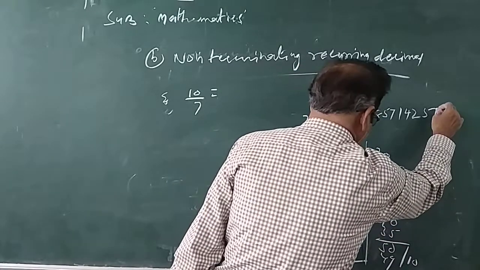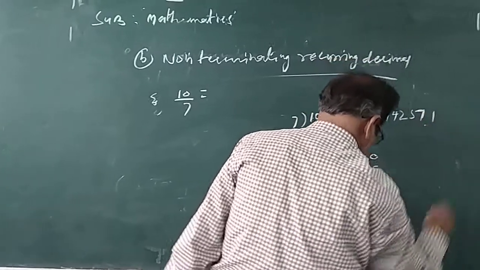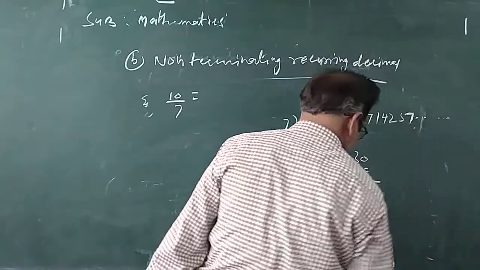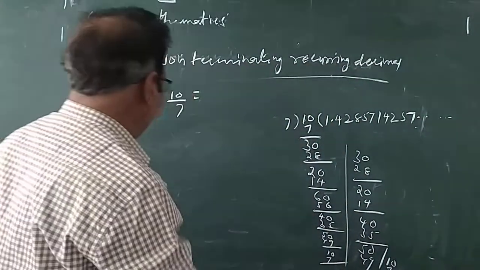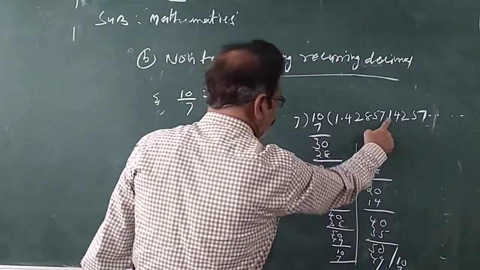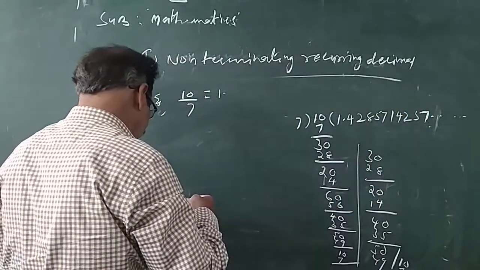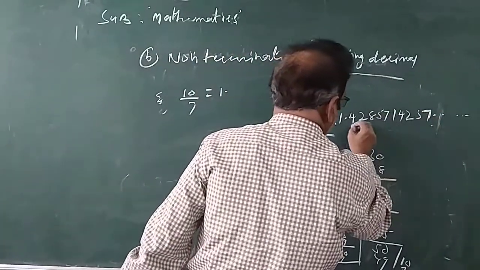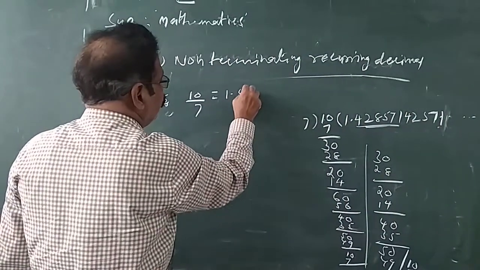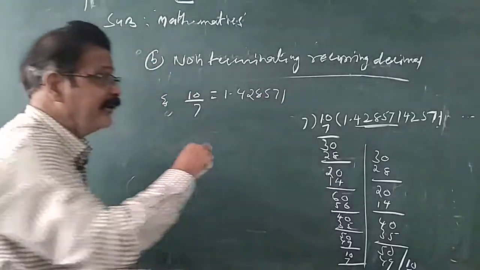Again 7 ones are 7. Like this, we get the same remainder, the same repeating. Which is repeating here? 4 2 8 5 7 1 is repeating.